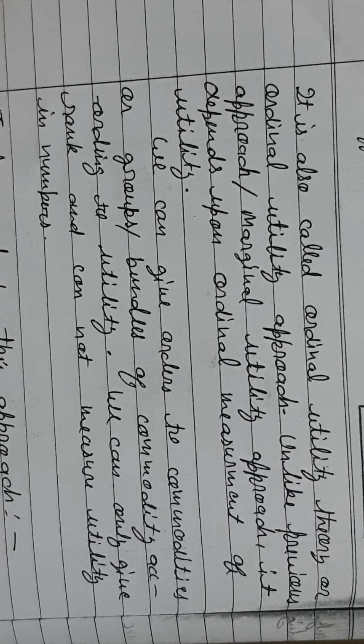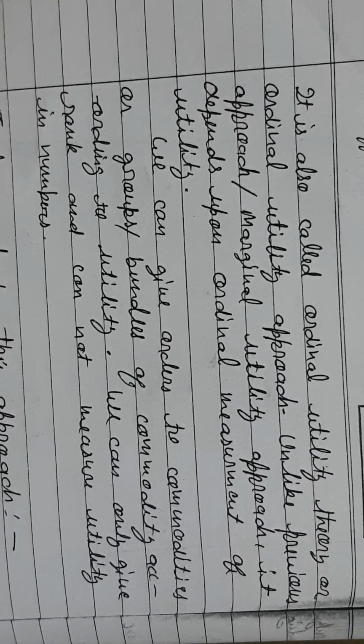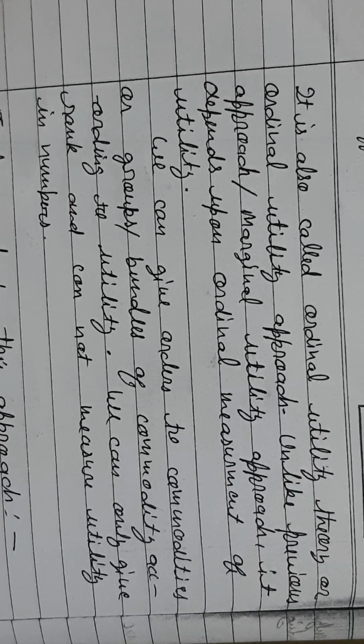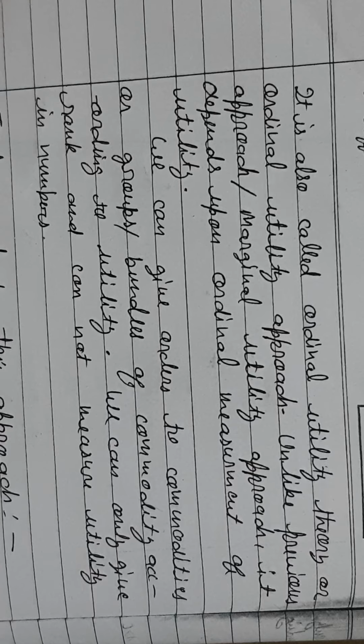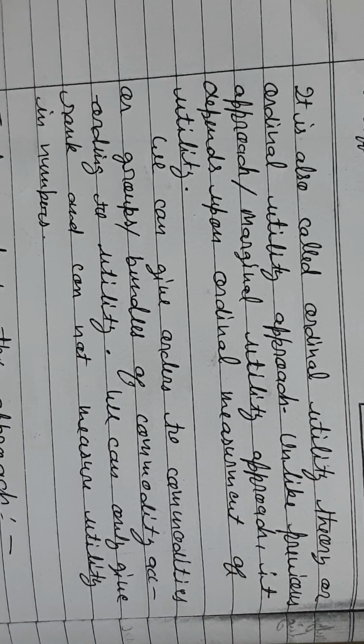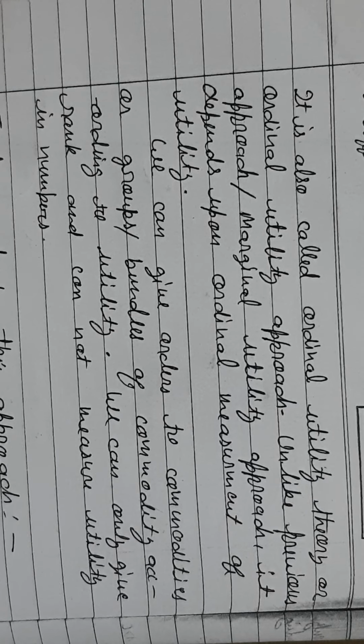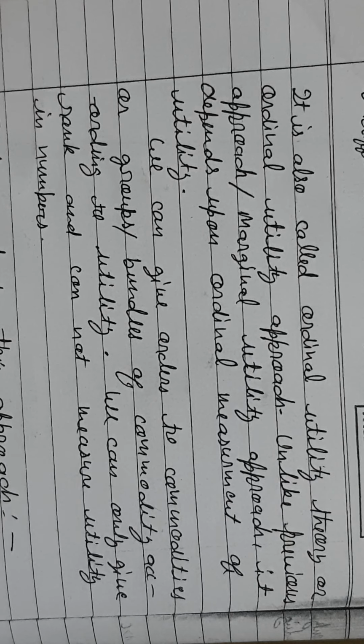If some commodities are there, you can tell that you are getting maximum utility from A, then lesser from B, then lesser from C. So you can give ranks to these commodities according to the utility you are getting from them.